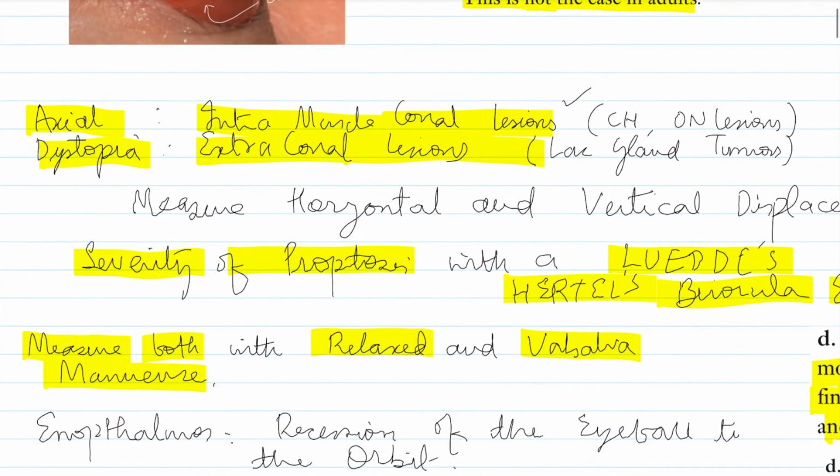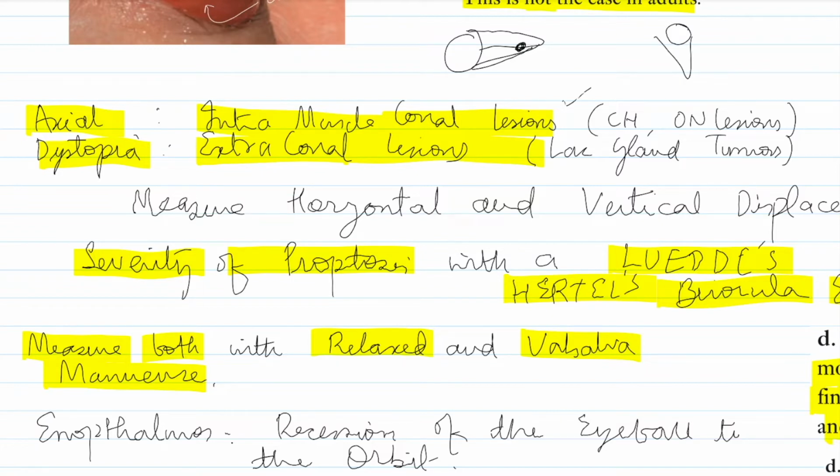Speaking about proptosis, there are two types: an axial proptosis and a dystopic proptosis. An axial proptosis occurs when you have an intramuscular conal lesion, which means if this is the eyeball and these are the muscles, you have a lesion in the area inside of this muscle cone.